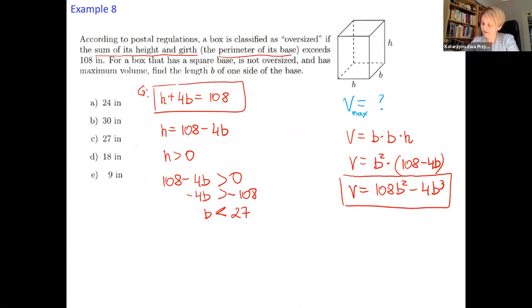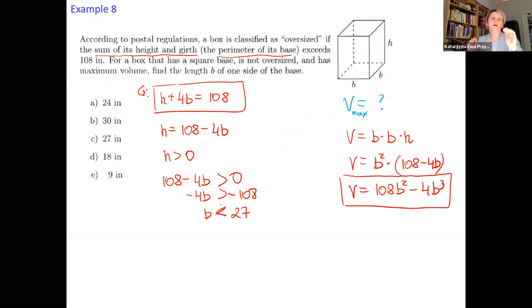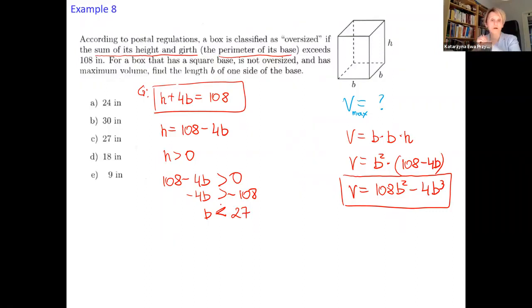Yes, 27. Okay, that means b must be less than 27 inches. Right? That means this is our domain. And we can guess that 27 will not be a good answer, because it would be oversized, so b must be less than 27.